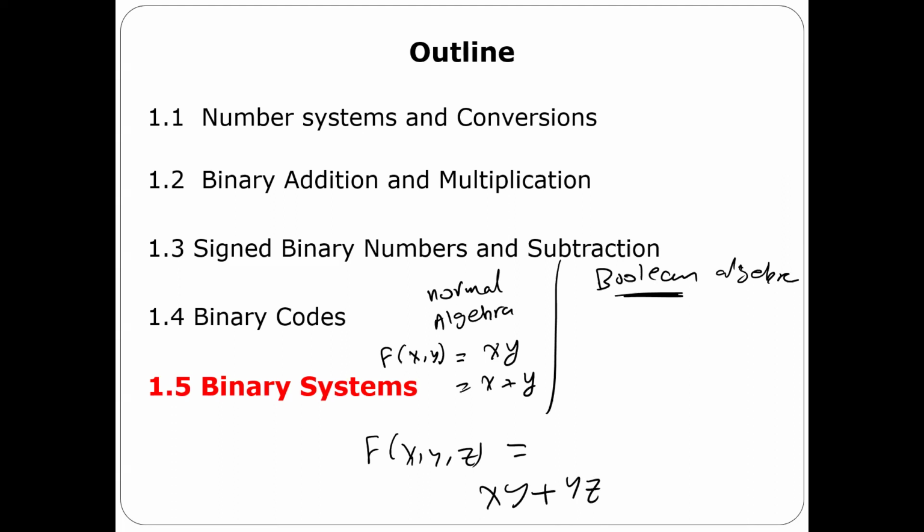This is the normal algebra we have. Is that right? So in this normal algebra, number one, you have variables, like x, y, z variables.